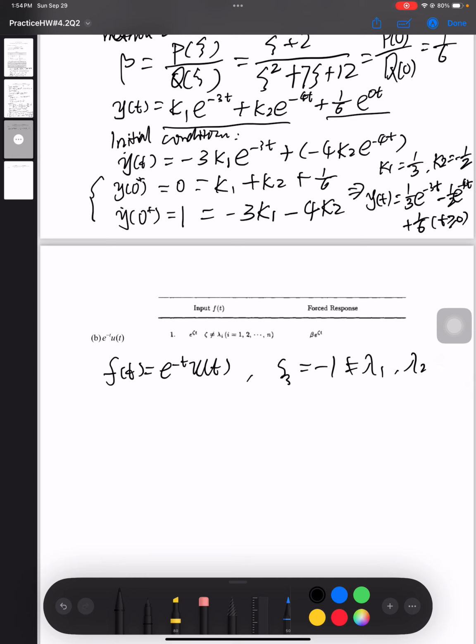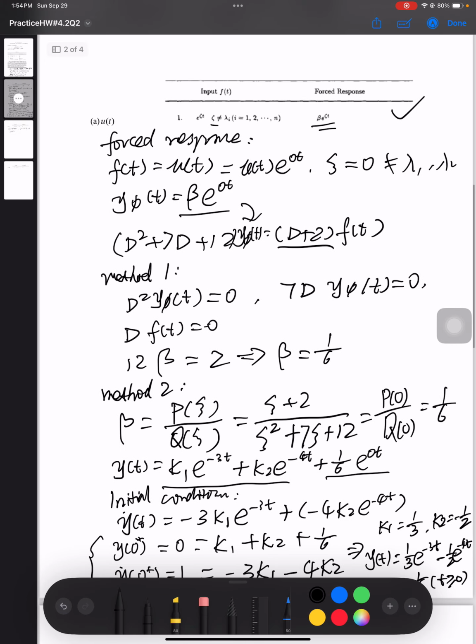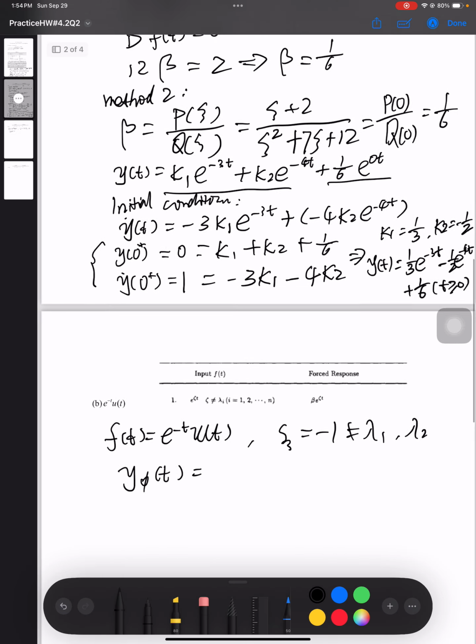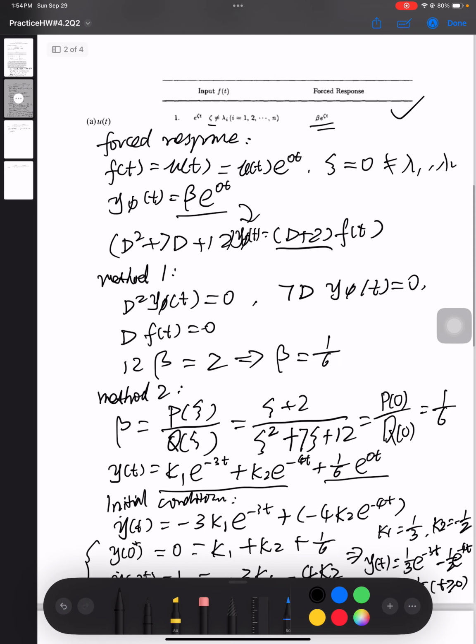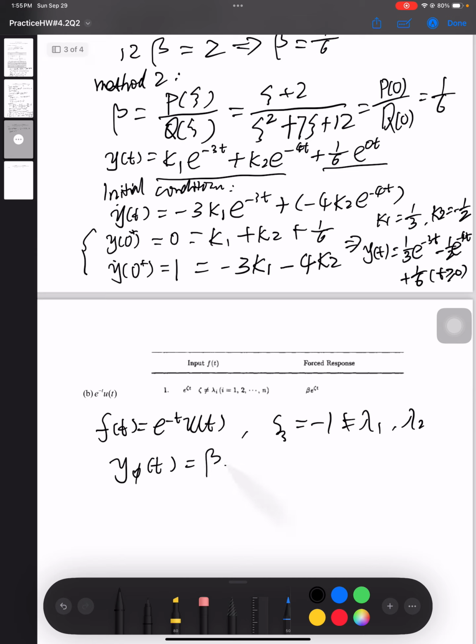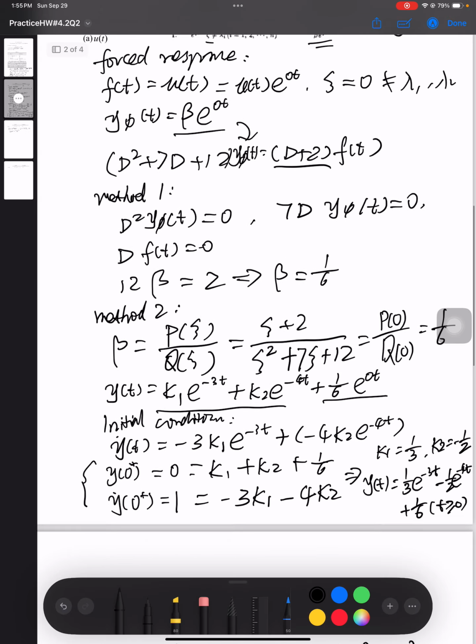So we can get the forced response equals beta e^(-t). And basically this is totally the same.